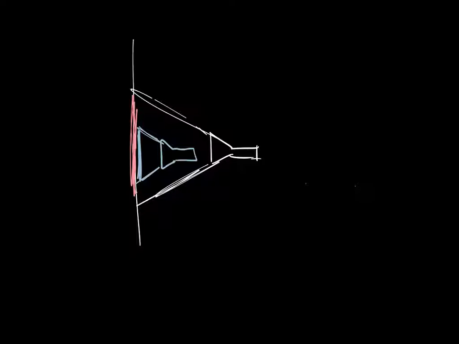So for example, let's say that the distance between here and here is 1 meter, and then it goes from 1 meter all the way to, let's say, 3 meters. From here to here is 3 meters now. Well, the distance, what happened to it? As a factor of increase, it went up by a factor of what? 3.